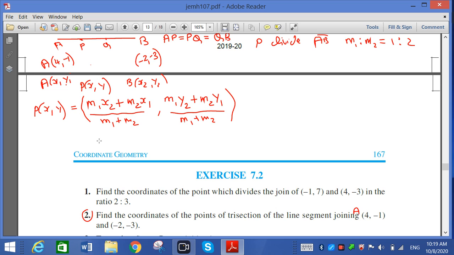Now what I have to do? I have to put in the values of all the digits. The ratio m1, m2 is already here, and the values of x1, y1 for A and x2, y2 for B are given.